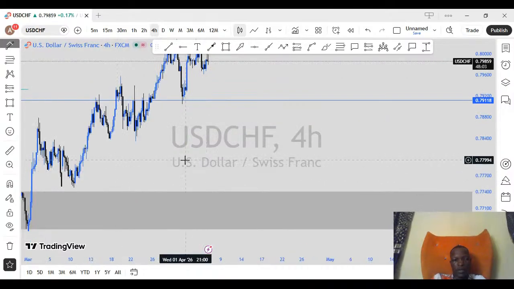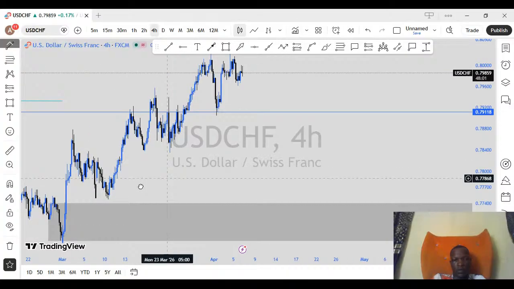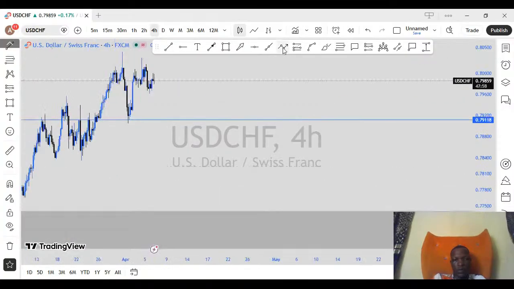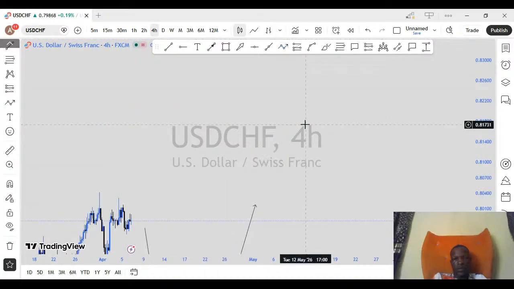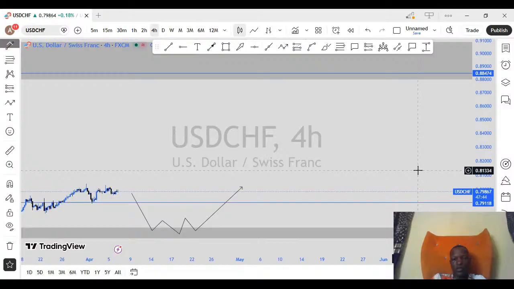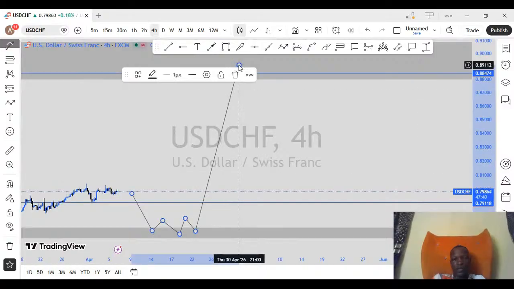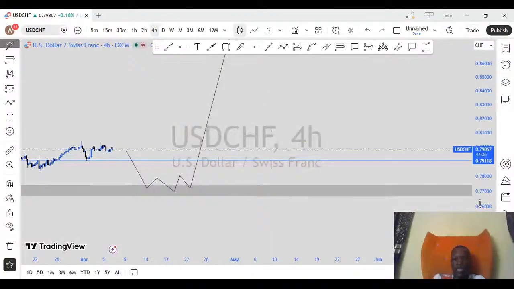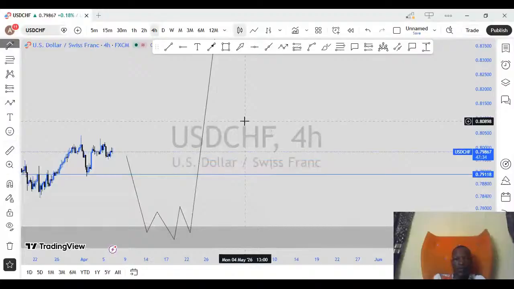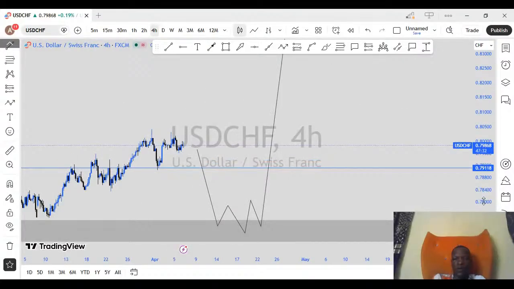So this is our setup, then we buy. The buy that we want is to come to this level, then we sell from there. That's swing trading. I'm just showing us the direction of the market so that we can know where and what we are going to do on the market.